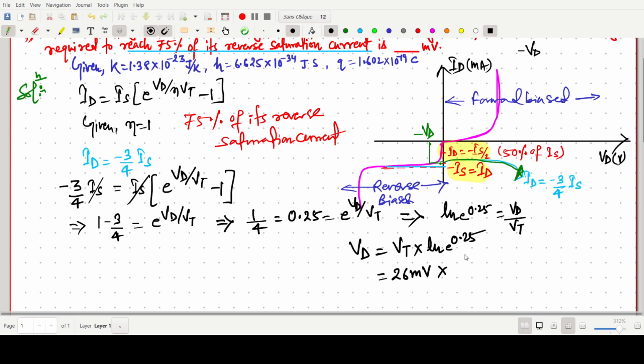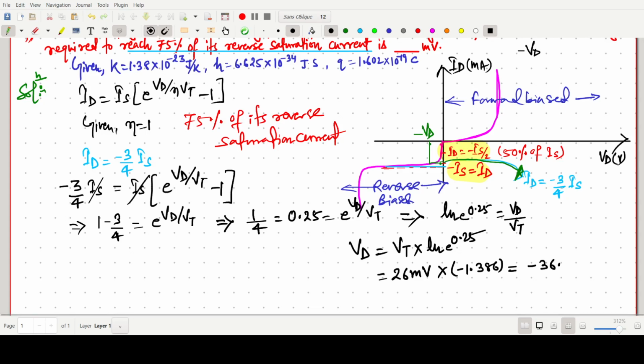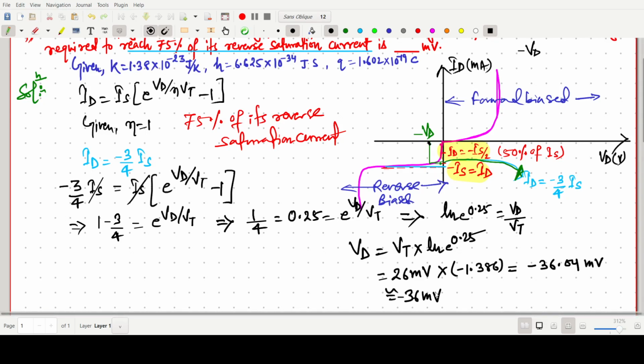If we find the value of ln 0.25 on the calculator, it comes to minus 1.386. If we multiply with this value, it gives a negative value, minus 36.04 millivolt, which is nearly minus 36 millivolt, with a negative sign because this is the reverse part.